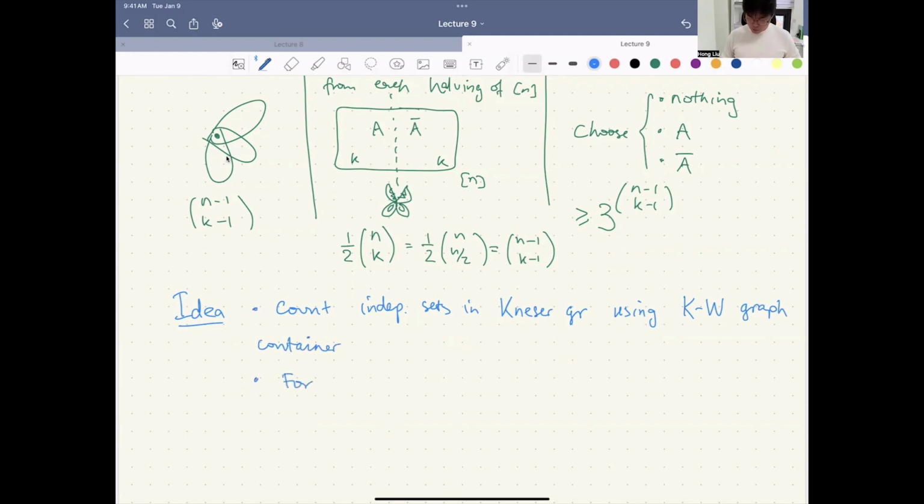To verify local denseness, we use the spectral method, in particular the expander mixing lemma, to verify the local denseness condition.